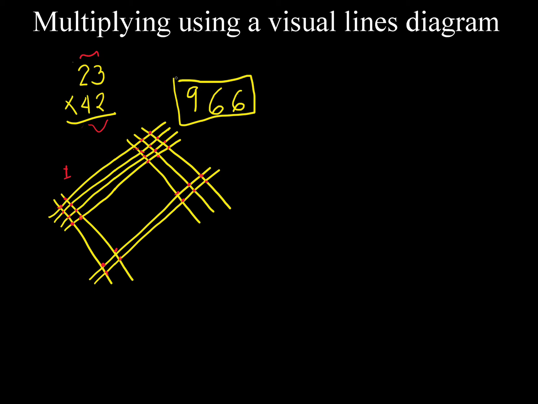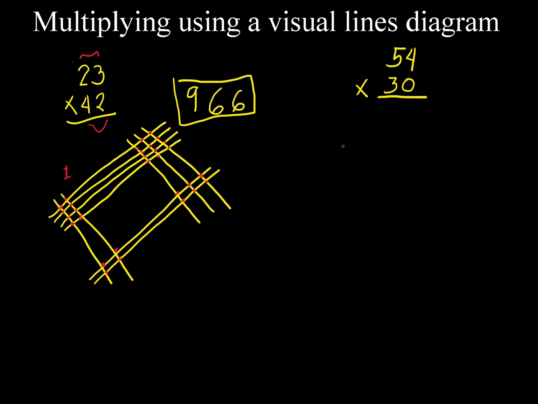Now, let's take a look at our next example. What would happen if we have a 0 as one of our digits? Let's say we got 54 multiplied by 30. In this case, since we have a 0, I would highly advise having two sets of colors for the lines.